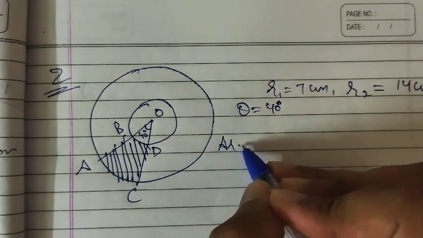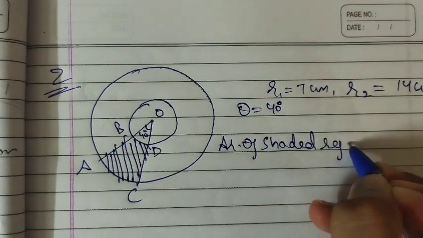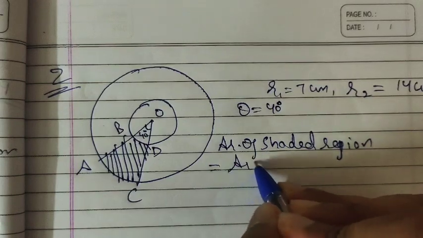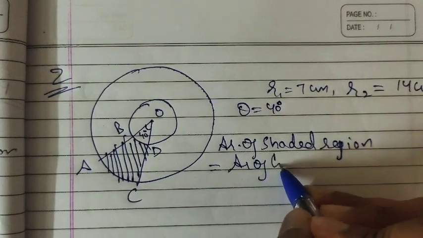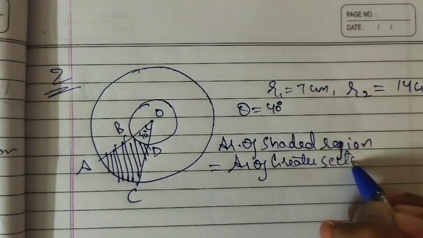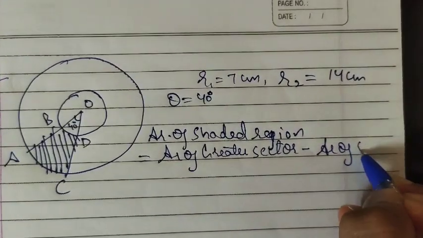So we know that the area of the shaded region is equal to what? The area of the greater or larger sector minus the area of the smaller sector.